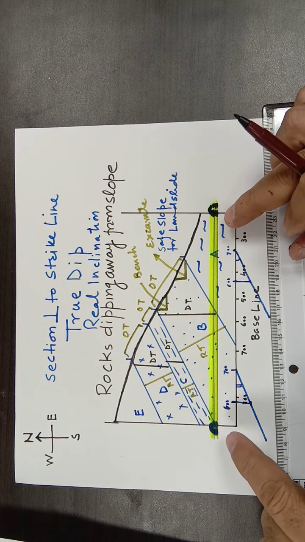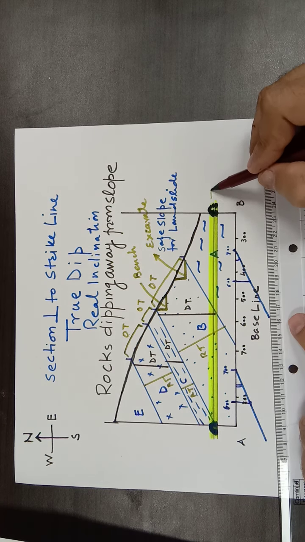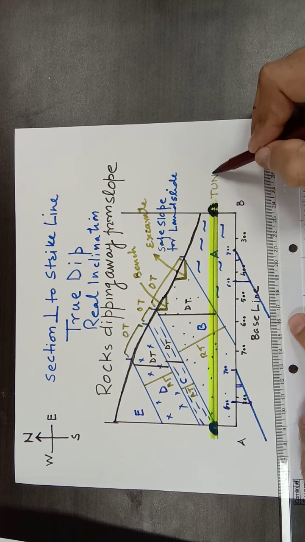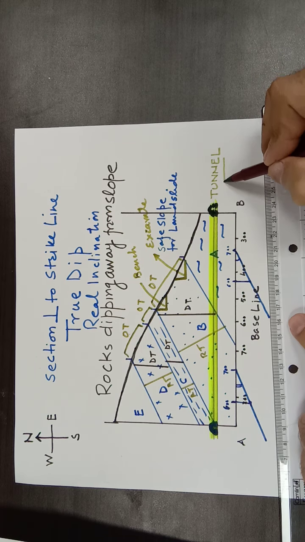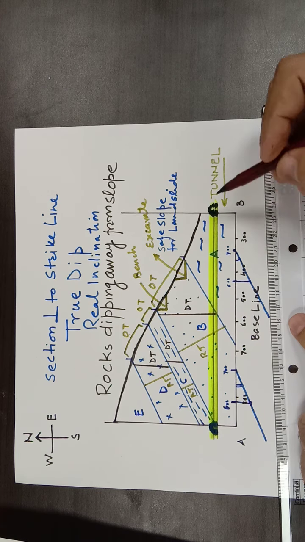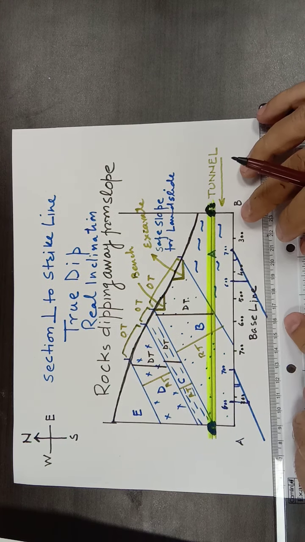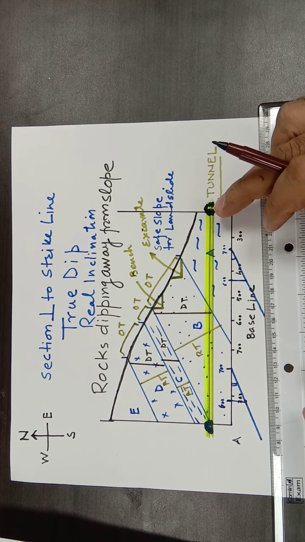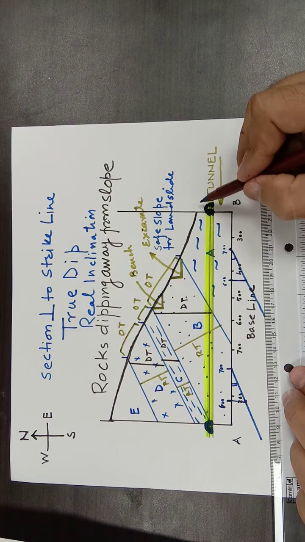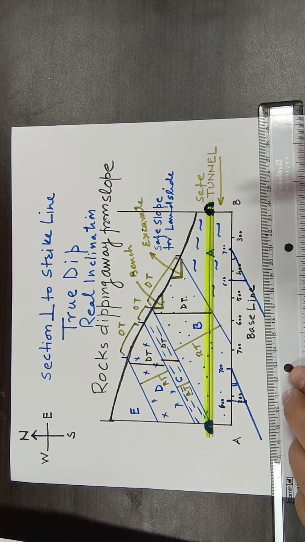Another example I would like to give you here: if you want to make a tunnel, if you are moving from this direction, as far as excavation is concerned, that means you are excavating against the dip. This is again a safe condition.